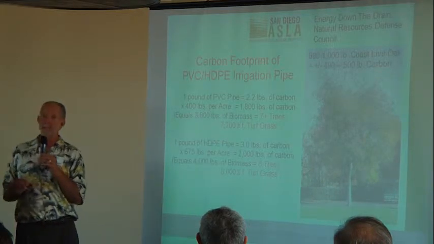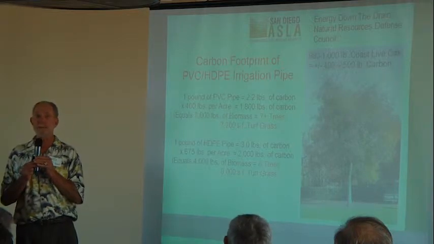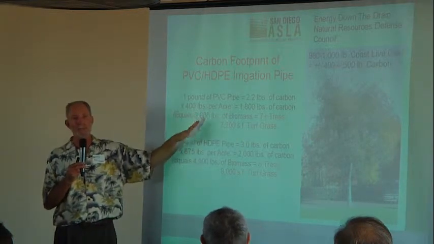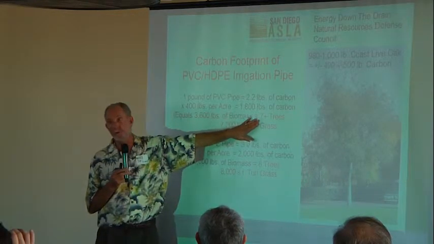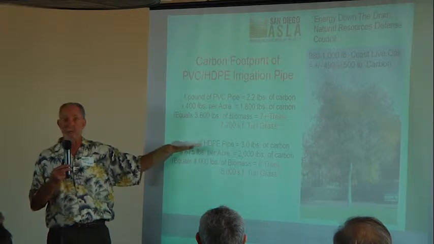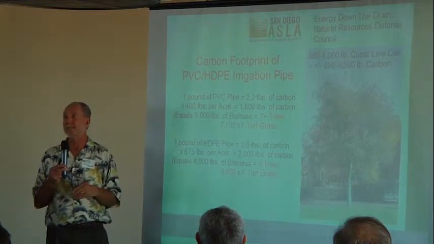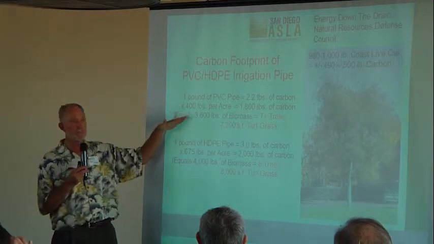PVC pipe and high-density polyethylene pipe is also very revealing. For 1 acre of PVC pipe, the embodied energy and associated carbon footprint is equal to over 7 of these trees. And a lot of us may not realize that high-density polyethylene is more energy intensive, has a bigger carbon footprint than PVC pipe.